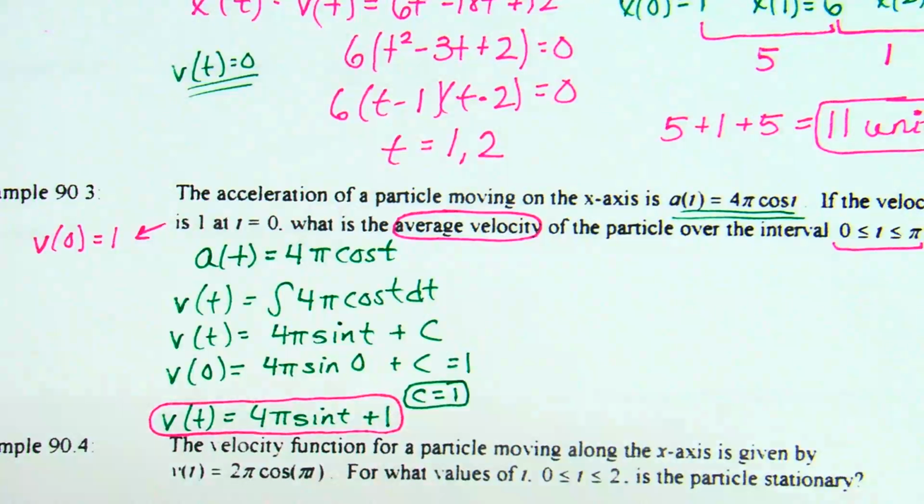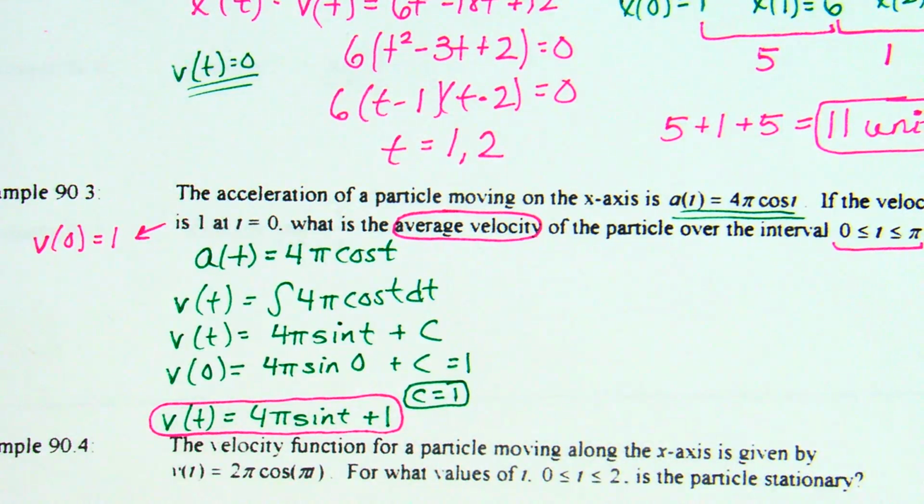What did it ask me to find? Average velocity. Would you take the integral from 0 to pi, or would you just use 0 to pi?